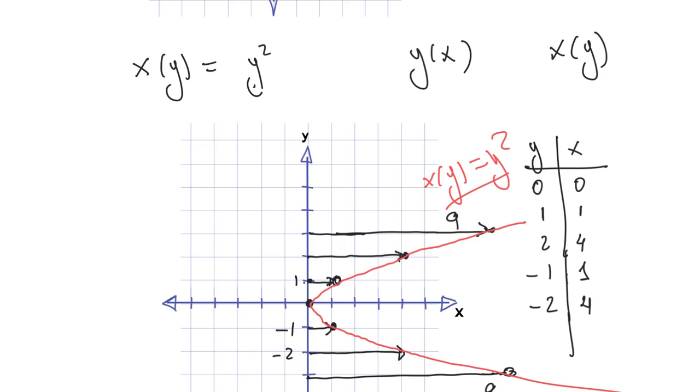Why? Because we need to assign for every x one y. And in this case, for this x, for example, x equal 1, there are two values, y equal 1 and y equal minus 1.